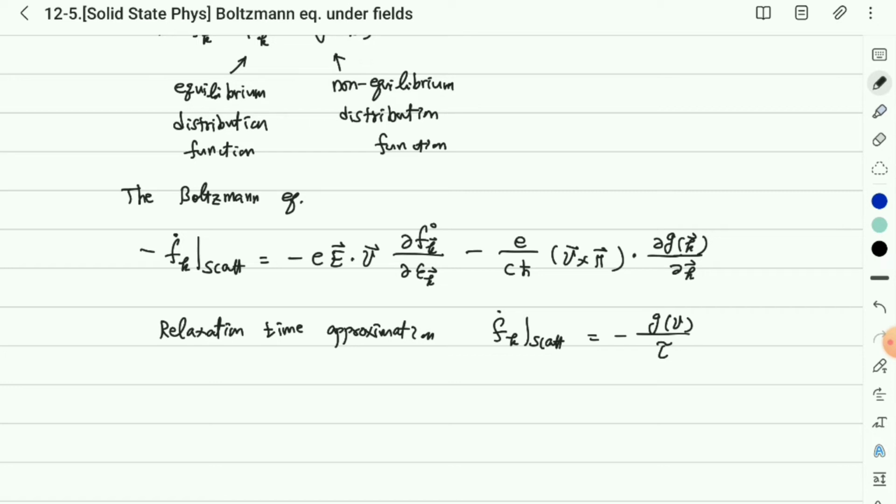And therefore, the ratio of the dynamic distribution function with relaxation time is equal to the time derivative of the field distribution function. Here, this one is also a momentum derivative. The momentum derivative is the crystal momentum.